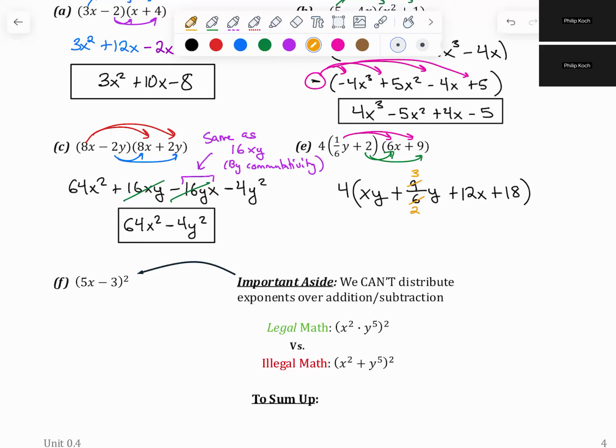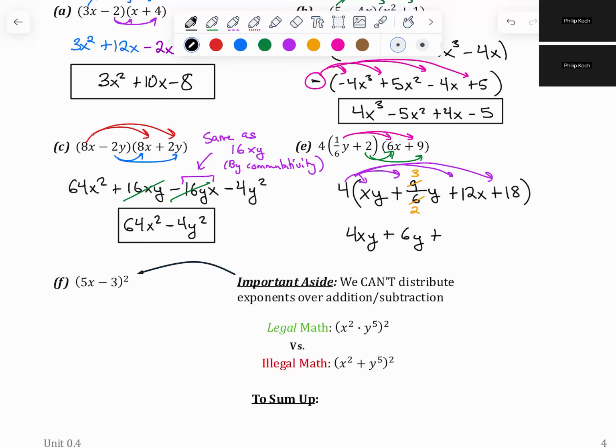Any questions so far? Then we'll distribute. Boom, boom, boom, boom. And 4xy will just be 4xy. When we distribute it into the second term, the 4 and the 2 will cancel, getting rid of the fraction, and we'll have a 2 left over, so it'll be 6y. I'm happy to show that work if you'd like to see it, just ask.